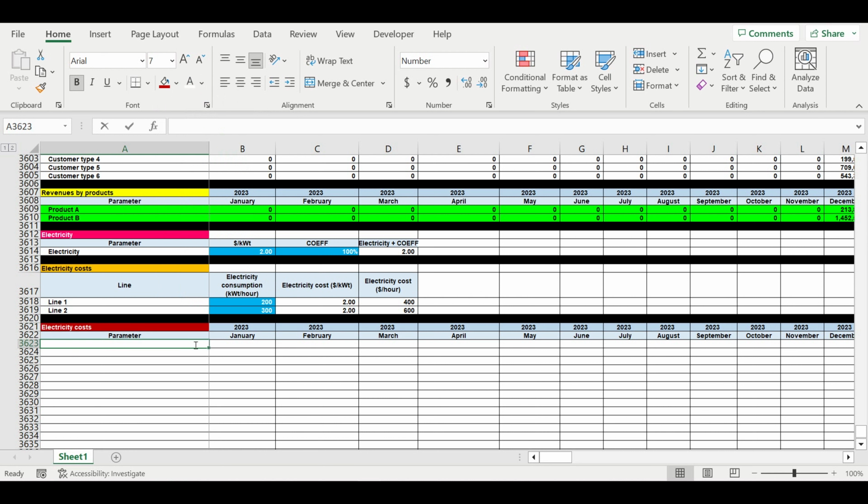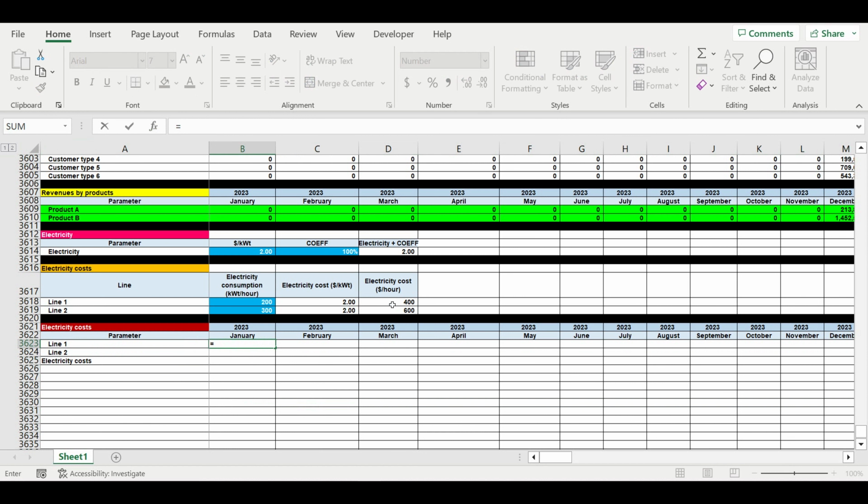So here I will place the lines. And here I will write a very simple formula, so electricity cost per hour, and now I need to multiply it by the amount of hours.